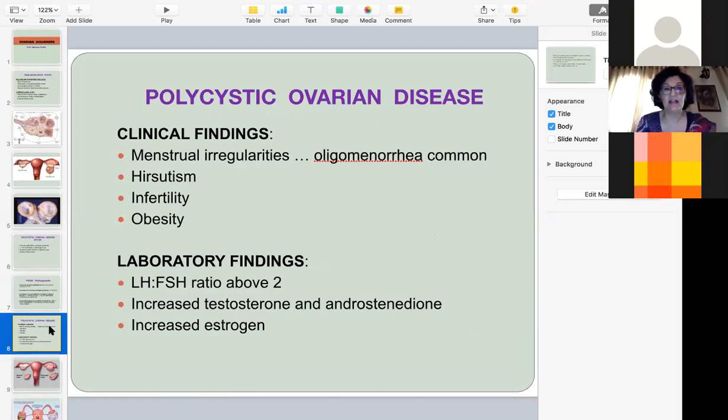Normal is 1:1. So because the LH is raised, the ratio becomes 2:1. There's also increased testosterone and androstenedione, that is male hormones, and also increased estrogen levels. But this is the characteristic test to determine polycystic ovarian disease, apart from the fact that you can see multiple cysts in the ovaries on ultrasound.